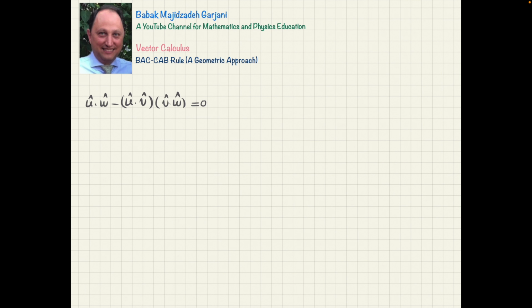I first interpret this a little bit differently. So from here, I can factor the vector minus u out. Then this vector becomes negative w, and I will write it here. But this becomes v multiplied by v dot w.